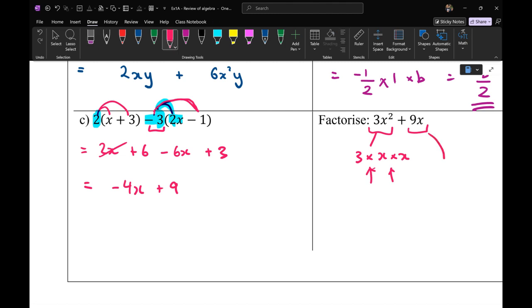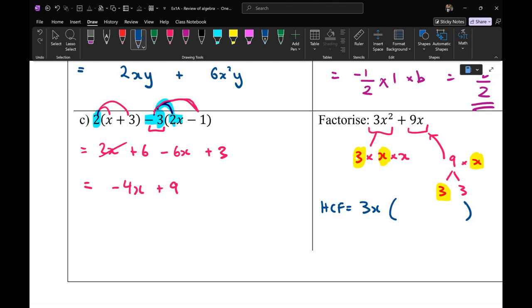Then you break this one in the same concept. 9 can be broken up into 9 times x, but 9 can be broken up into 3 times 3. So when you highlight what's common about the 2 terms, well, they both have a 3, just one 3, and they both have 1x. You see that? That's why we say highest common factor is 3x.